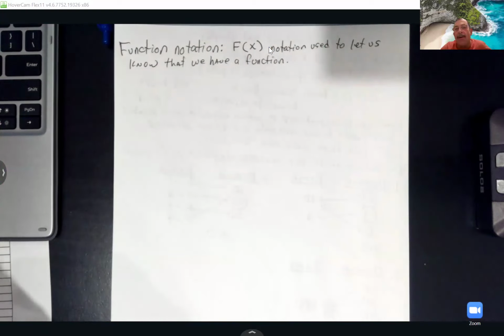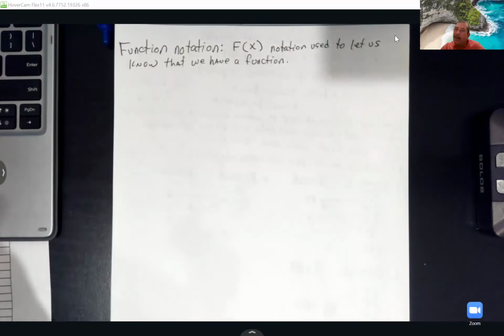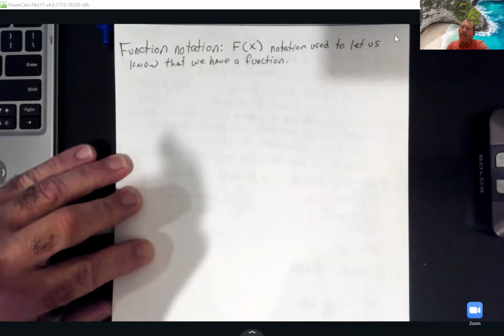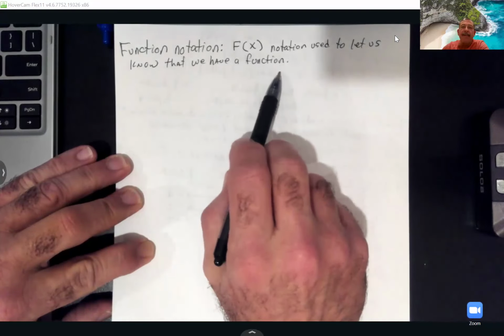And in all reality, it's almost like the y. You know, when we had like y equals 3x plus 2, well, I could replace the y with f of x. That way I can use it for shorthand when I want to put values in for the x and stuff. So remember, that's just notation and has nothing to do with what you're working, okay? It's just letting me know that I have a function.